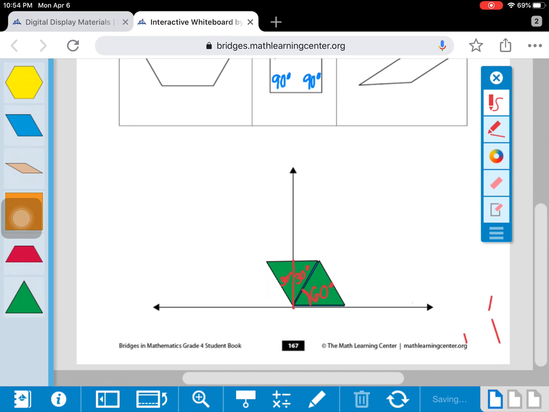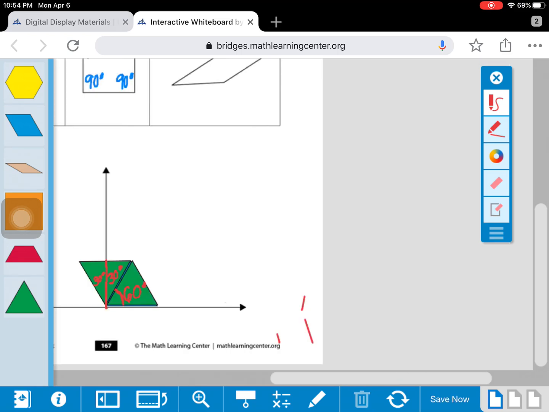I'm going to erase this little guy so you don't think that it says 160. I'm going to solve this by doing 60 plus 30 plus another 30.